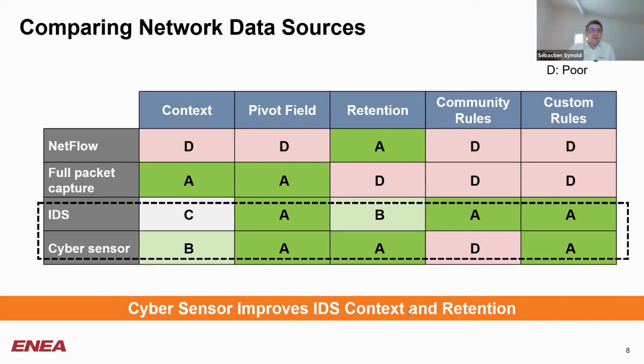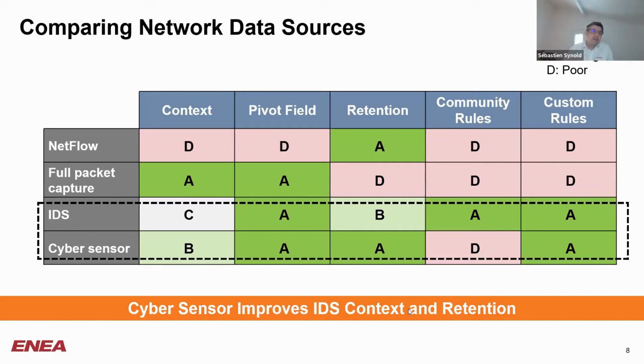So we see that NetFlow data from switches or routers is very compact, so allowing a long retention period, but it does not provide sufficient context, mainly because it is limited to L2 to L4 layers. On the other hand, the full packet capture provides the maximum level of information, of course, and of contextualized data. But it is very difficult to store for a long period of time, due obviously to the size.